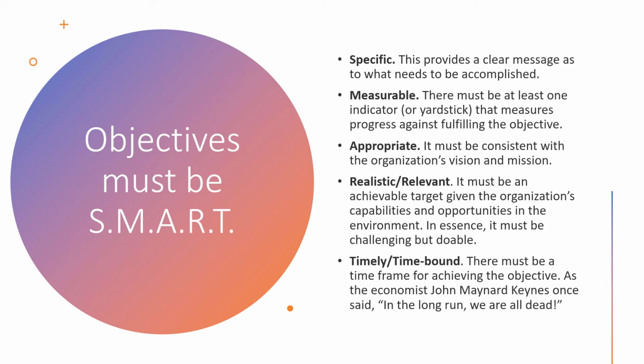Appropriate, obviously, it has to be aligned with the vision and mission statement, must be consistent with it. Realistic or relevant, it must be an achievable target given the organization's capabilities and opportunities in the environment.